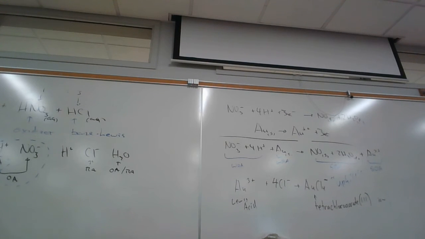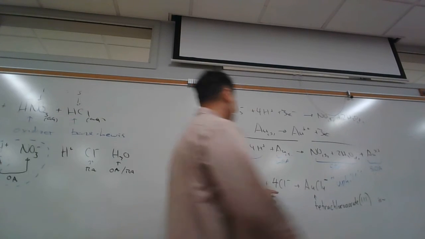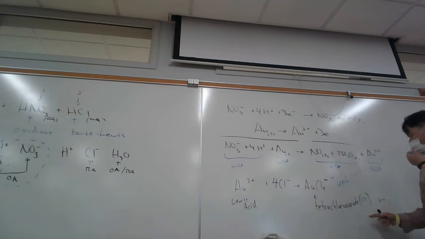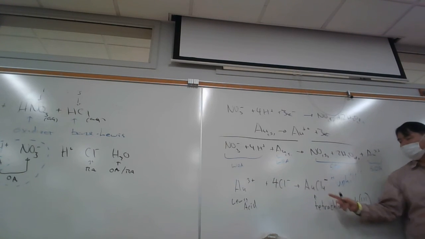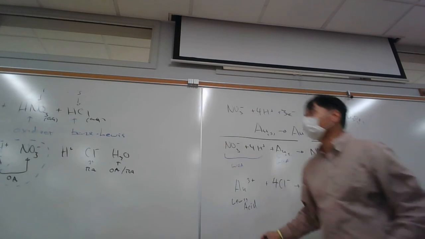Obviously, it's going to roll back down. But let's say it gets shot up the hill, and then there are chlorides there to help it over. The chlorides come in and attack the gold to form the tetrachloroaurate(III) ion. Tetrachloroaurate(III) ion is very stable. This is called a complex ion.